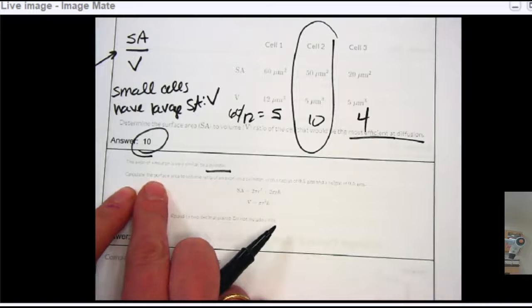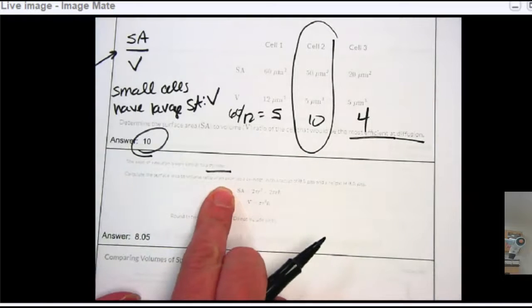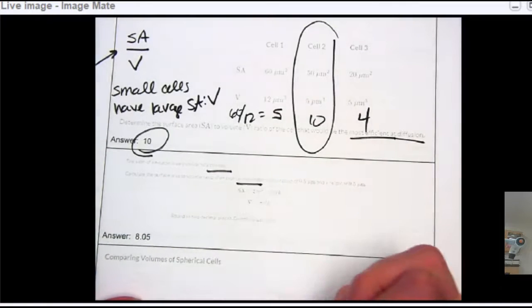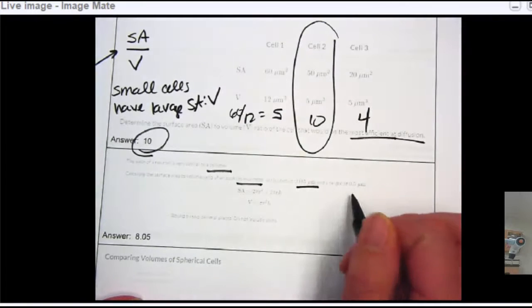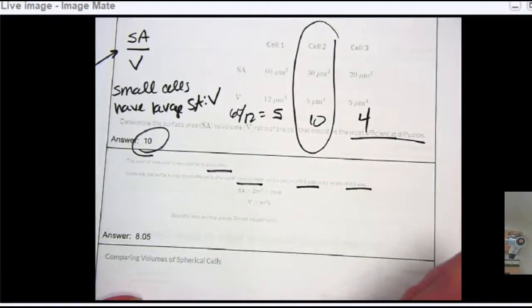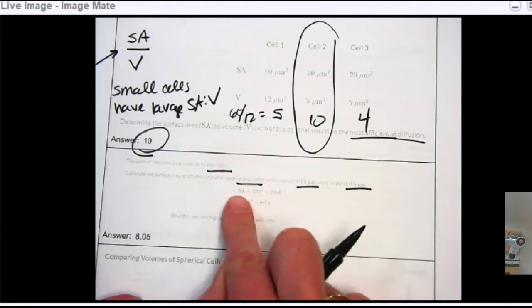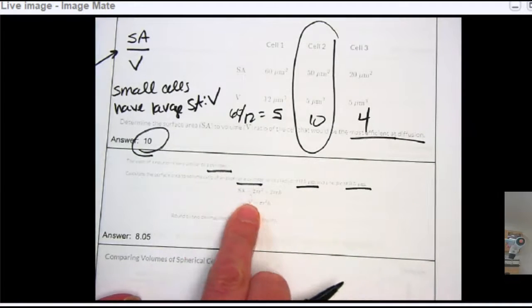So they want you to calculate the surface area to volume ratio of the axon as a cylinder with a radius of 0.5 microns and a height of 0.5 microns. So we know that we're going to have to take surface area and divide by volume.